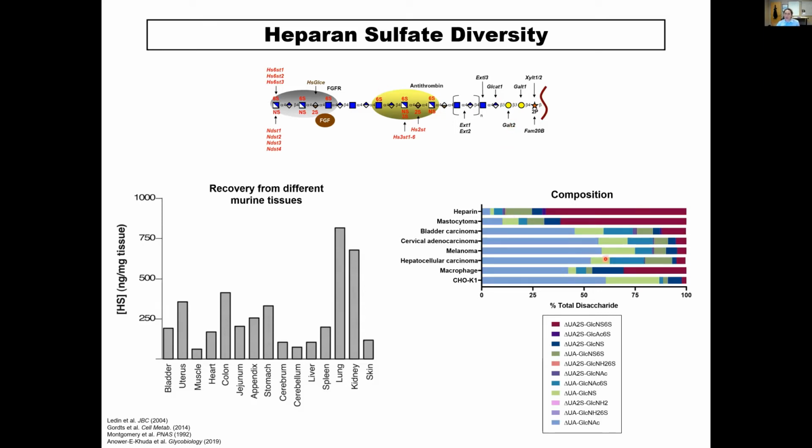And this tells us structurally what the diversity looks like, for instance, in different tissues or in different diseases, different cancer types or tissue types as well. Again, I'll talk more about this later, but I just wanted to highlight here that the structure of these different glycosaminoglycans is very diverse between our different tissues. And the structure of these different GAGs has a direct effect on its function in vivo.